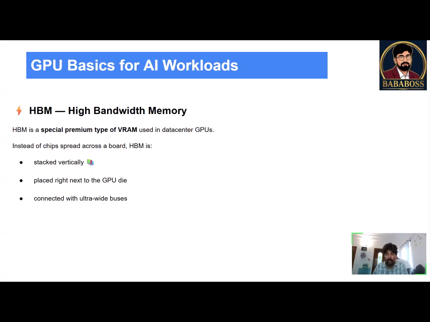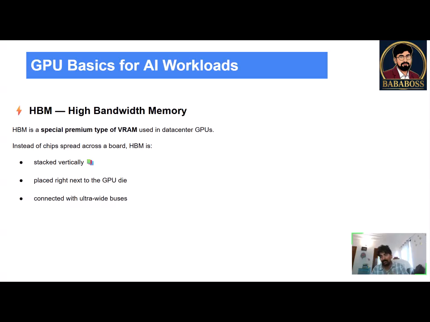Another thing: if you want to train from scratch a big GPT-kind of model like ChatGPT, then you need high bandwidth memory also. High bandwidth memory is provided to the GPU by stacking the memory vertically, if you need training and inference, if your context is large and scaling is very large. All the memory is connected with ultra wide buses.